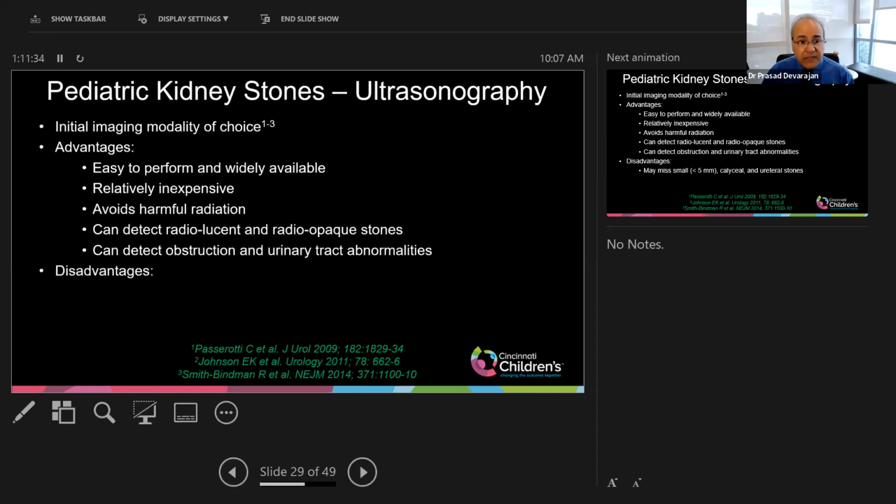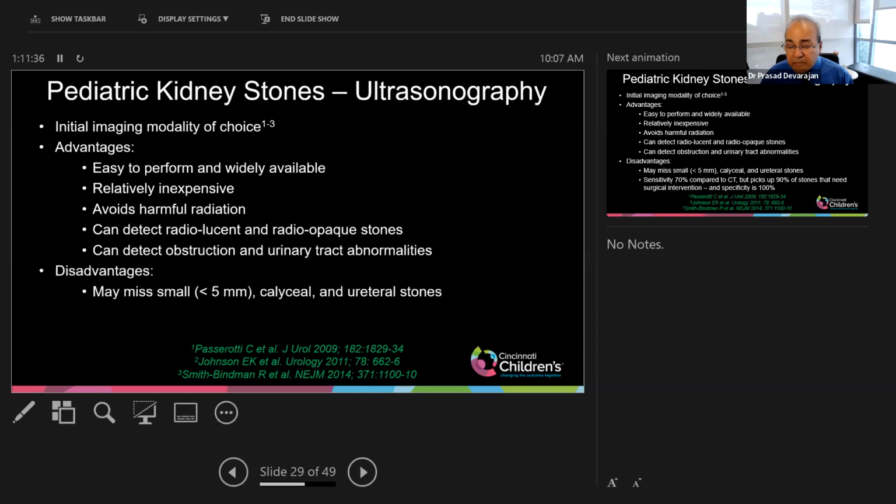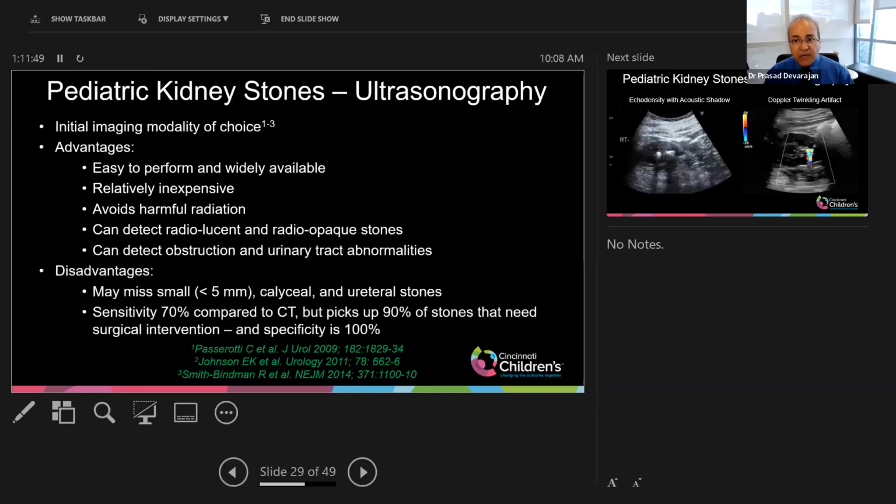So what's the disadvantage of ultrasounds? It may miss the small stones. So stones that are less than 5 millimeters, or stones that are hidden somewhere in the calyx or the ureter, we may miss it by doing an ultrasound. And the sensitivity, when we look at the ultrasound for all kidney stones, small, medium, large, is about 70% compared to CT.